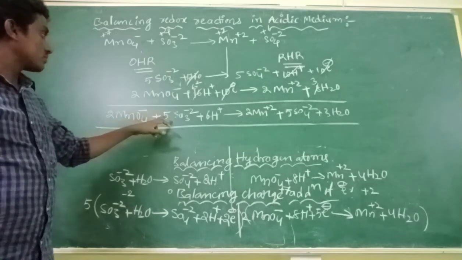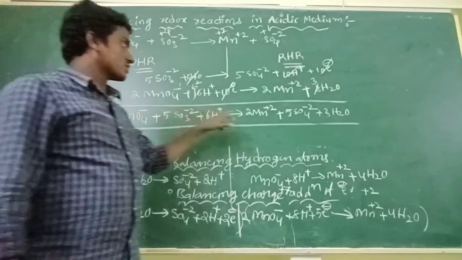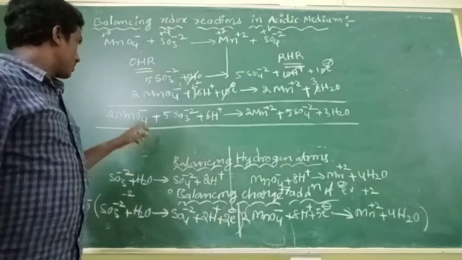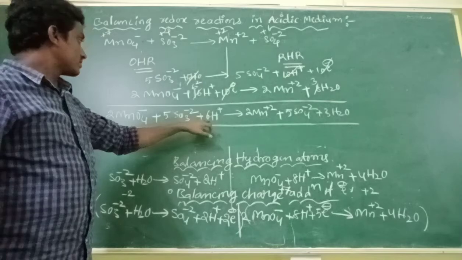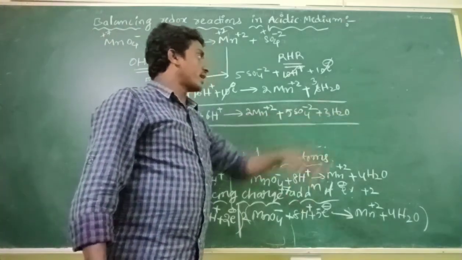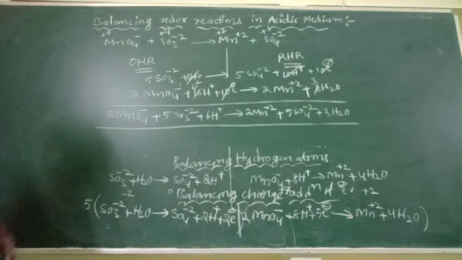Next is sulfur. 5 sulfurs are present on the left side of the reaction and 5 sulfurs on the right side. Next, hydrogens: 6 hydrogens are present on the left side of the reaction, and 3 twos are 6 hydrogens on the right side. This is the total balanced reaction in acidic medium.